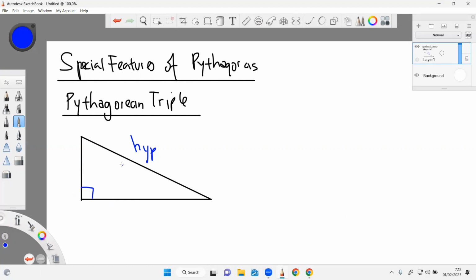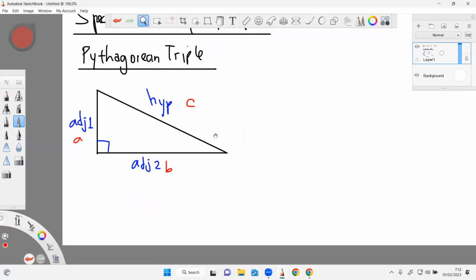Okay, so this is the hypotenuse called C. You can use any letters actually, and these are two adjacent sides, called adjacent 1 and adjacent 2, or you can just say base and height, up to you. So we can say this is C, this is A, this is B, and A and B are switchable. And the formula, what is the formula, guys?